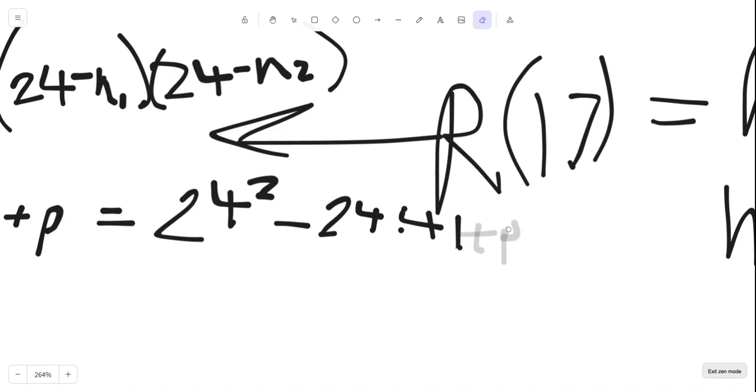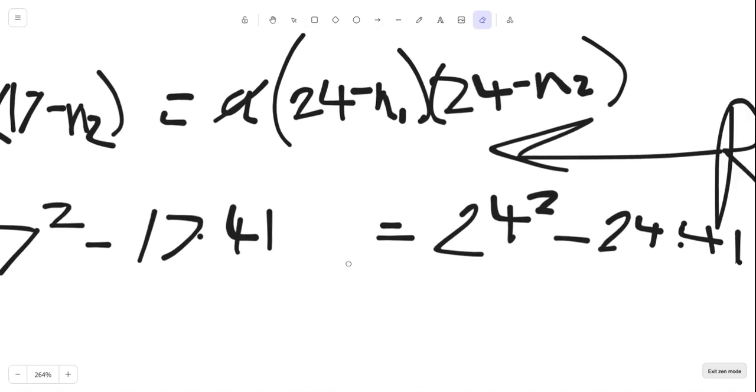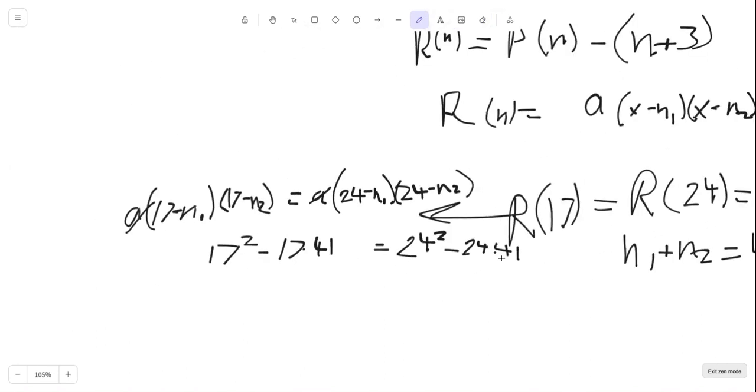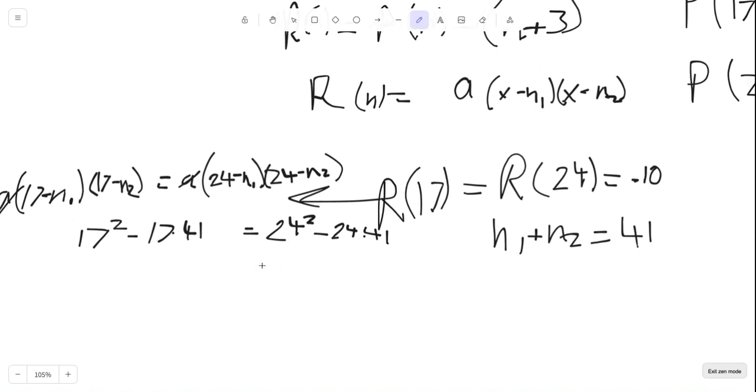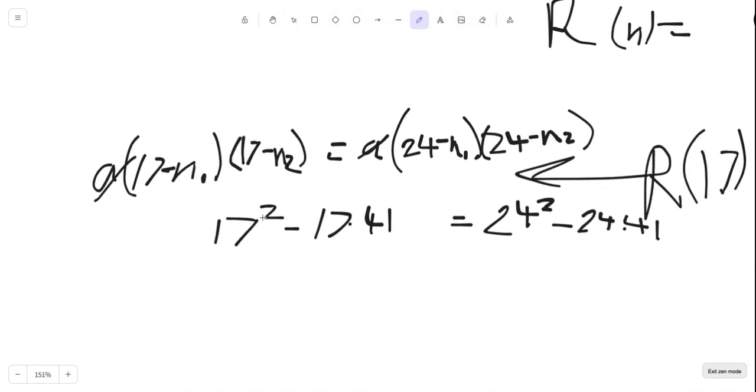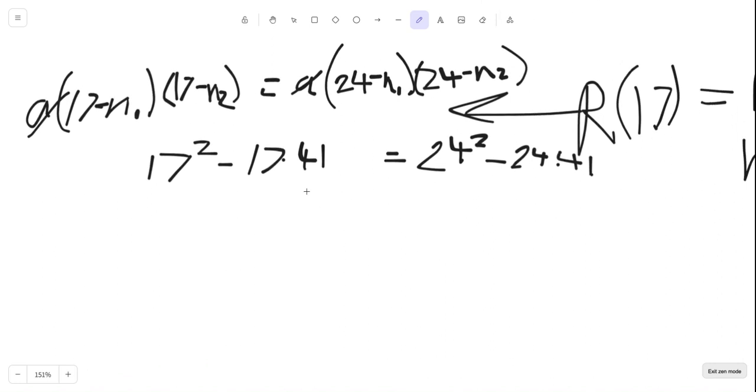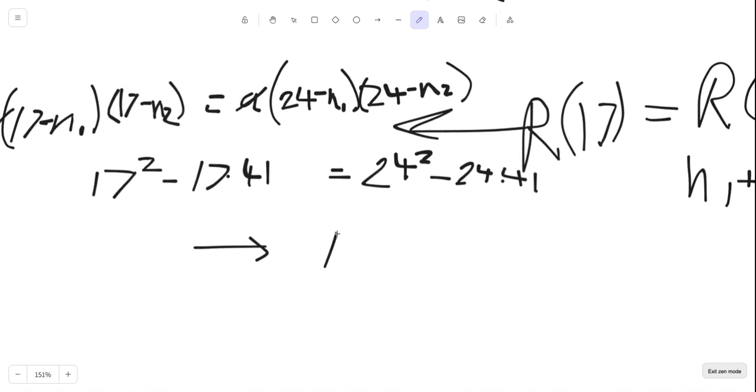I'm going to take away p from both sides. If this is true, that means r of n is a quadratic. So we have 17 times 41, negative 408 on the left side, and we get negative 408 on the right side.